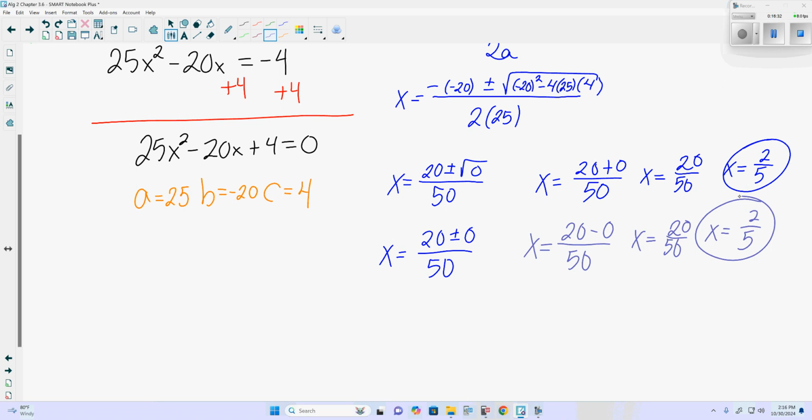We just need one. Because realistically, we do have two answers, but they're both the same answer. So for this here, we only have one unique solution. We have two solutions, we just really have one unique solution.